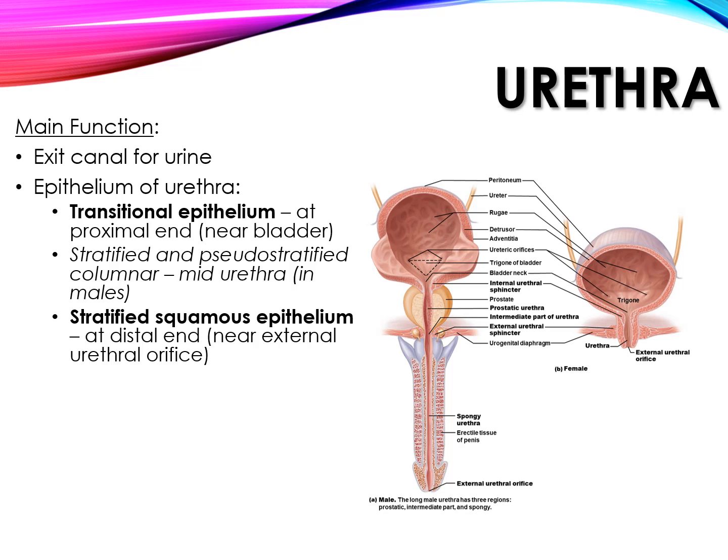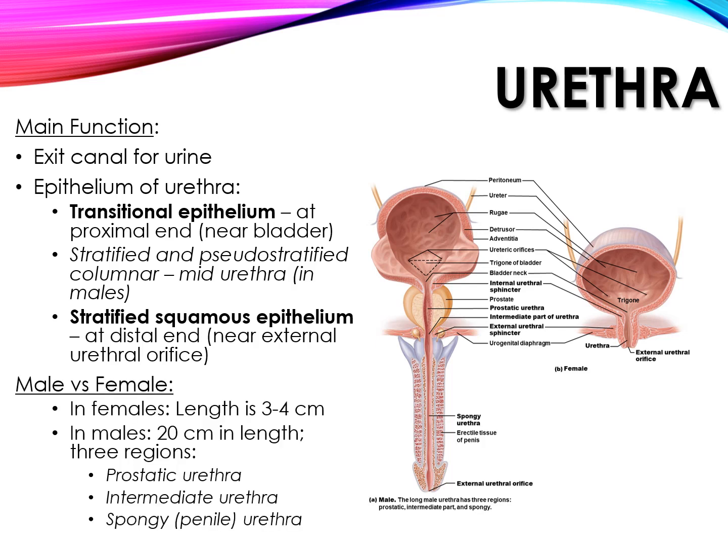So now the last part of the urinary system is the urethra. So that's how we are going to exit out of the body and out of the bladder. So we also switch epithelium in the urethra. So we're going to start out as that transitional epithelium near the bladder, and then we're going to switch to stratified squamous epithelium.